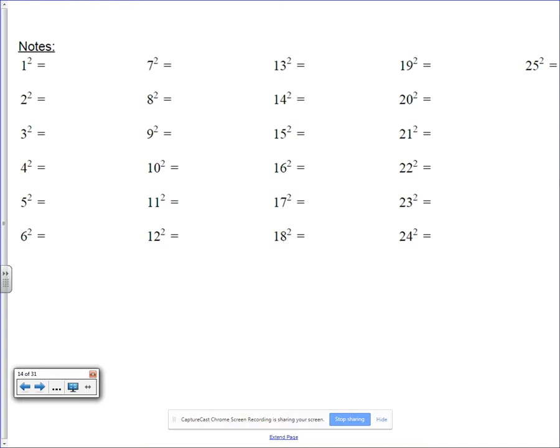All right, folks, so the first thing I've asked you to do is fill in your squares. While you're filling them in, please circle them just like we did yesterday.